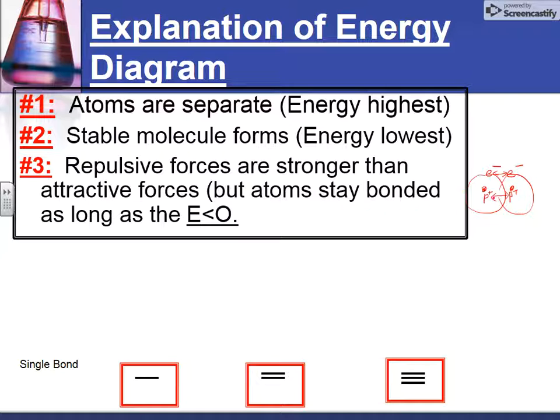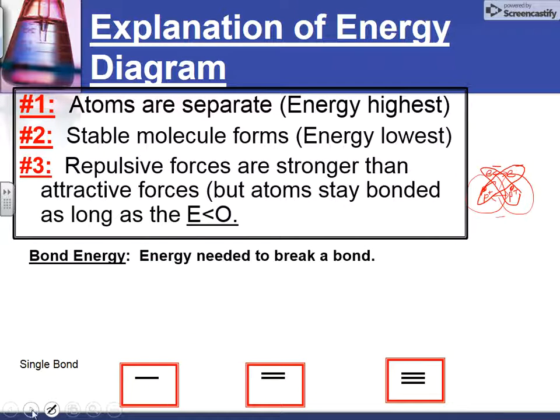As the bond is forming, there might be a time where the nuclei get so close together there may be some repulsive forces, but eventually the stable molecule forms because the protons in the nucleus of one atom will be attracted to the electrons in the electron cloud of the other atom, and therefore the atoms will remain bonded as long as the energy stays below that 0 reference point I mentioned.